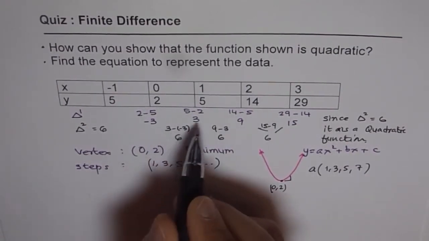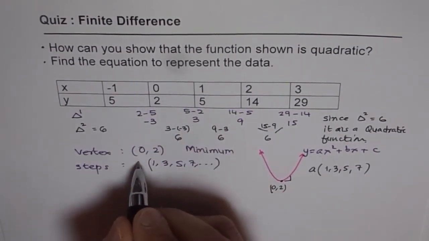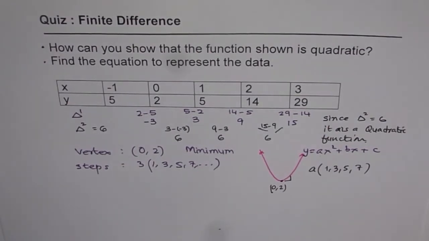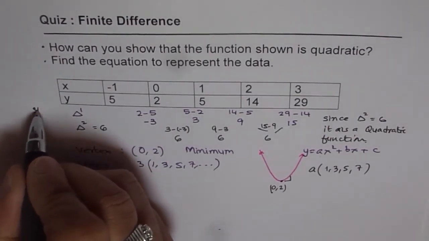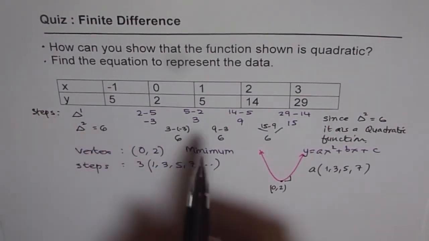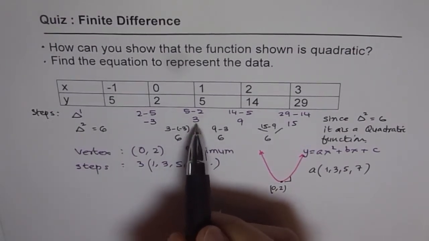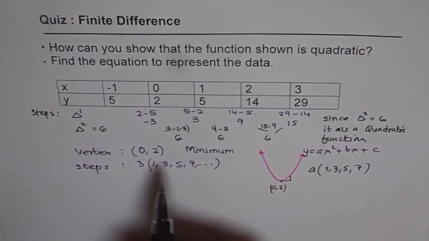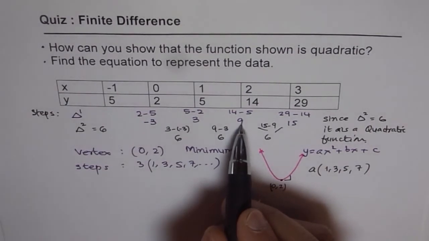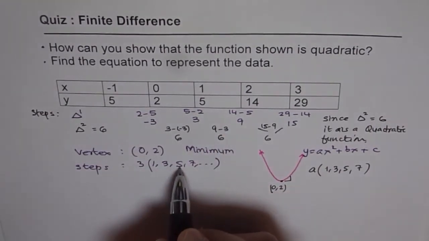In this case they are times 3. Do you see that? The steps. So the first difference really gives us the steps. So the first step is 3, not 1, and the second is 9. Correct? And the third is 15.